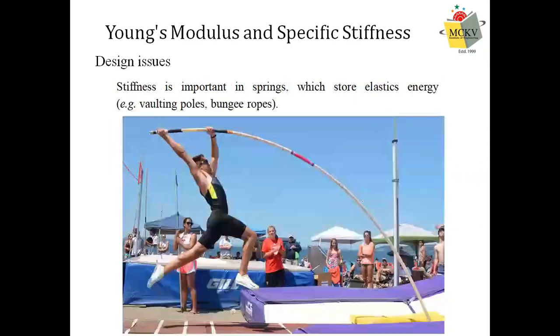Now in this case, this athlete, this needs to deform, because if it doesn't deform, then elastic energy will not be stored in that, and this elastic energy is delivered to this athlete. So what is the amount of deformation in the material when a given force is applied? That is basically Young's modulus.